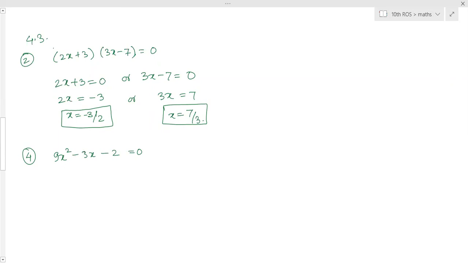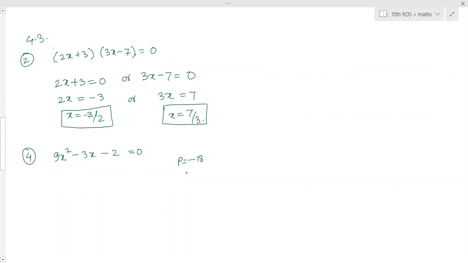Next one is 9x square minus 3x minus 2 is equal to 0. Now this is a trinomial, so we have to solve it by middle term splitting. What is the product needed? 18. Minus 18.